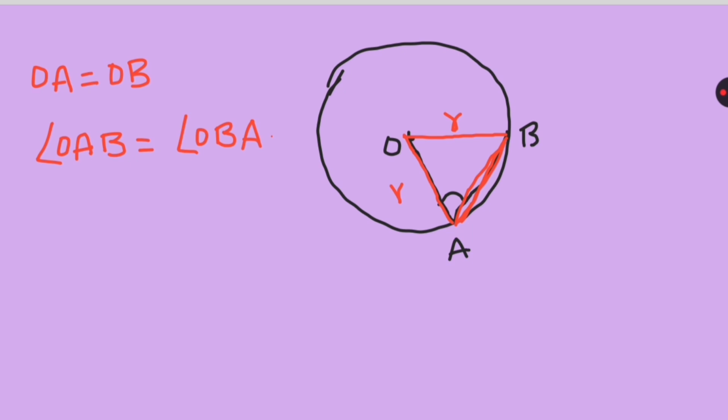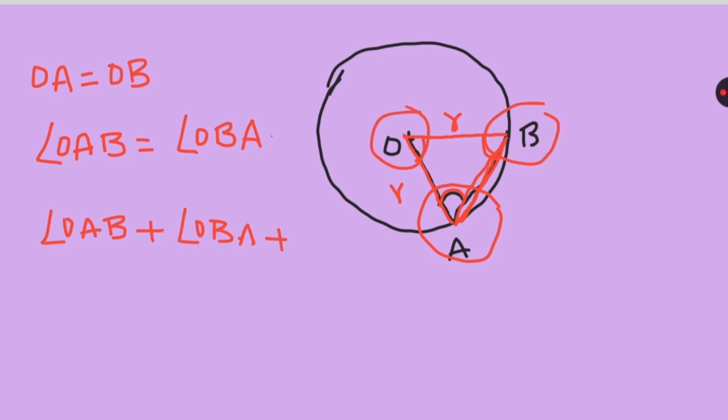In a triangle, we have to use one property here, that the sum of the interior angles is 180 degrees. So that means all three angles sum to 180 degrees. First let's take angle OAB. Now let's take angle OBA. Now let's take angle AOB. The sum is 180 degrees.